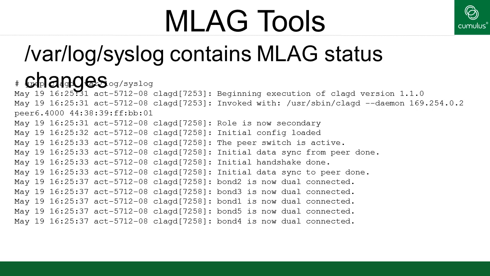Next question. In STP over MLAG, how does the secondary switch maintain the STP state, since the primary switch sends the BPDU on dual connected links? Right. I probably should have gone into a little more detail on this. Our model is that each of the switches is running its own spanning tree protocol. We don't have one protocol running on one of the switches, and the other switch is sort of a dumb switch, just shoveling packets back and forth to that one master.